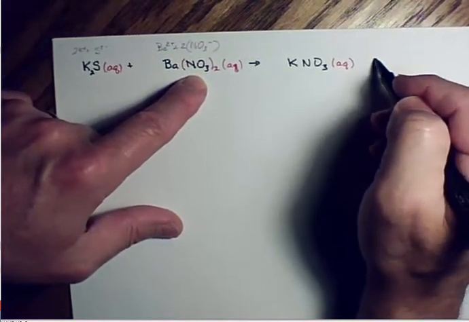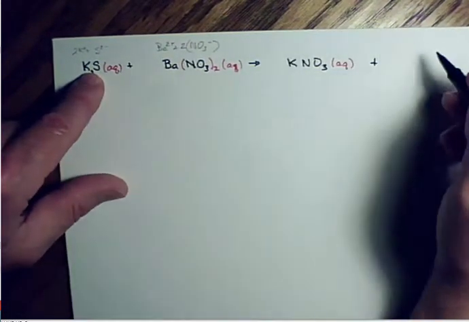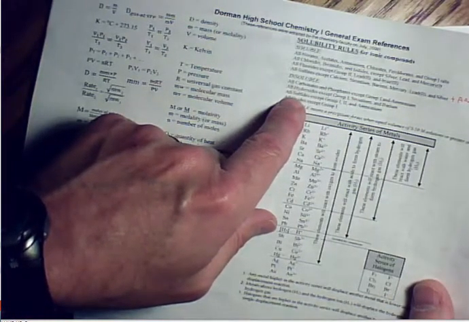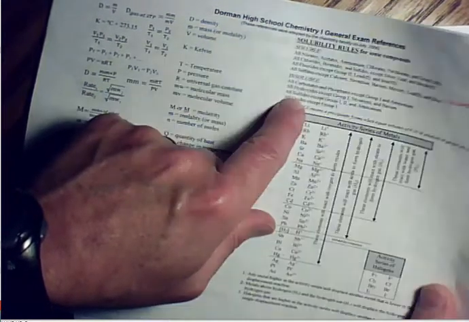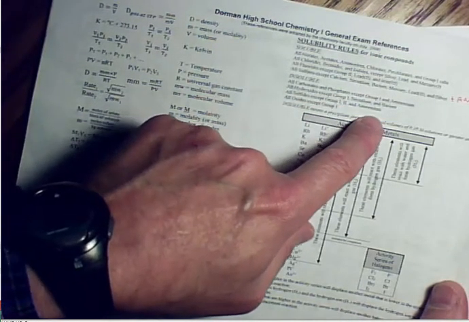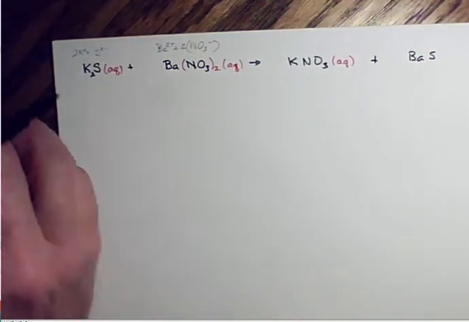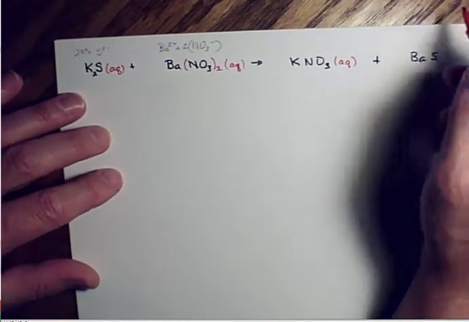And then we're putting Ba with S. And sulfides are insoluble most of the time. There's exceptions for group 1, group 2, and ammonium. We said that barium is in group 2, so this is also aqueous.